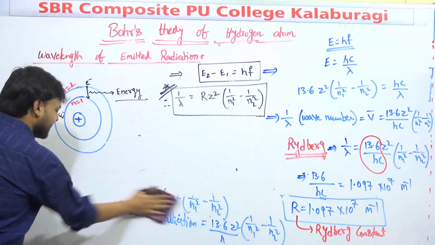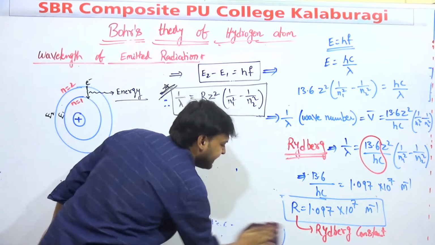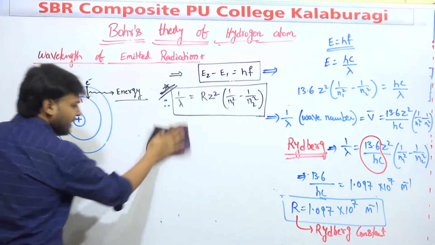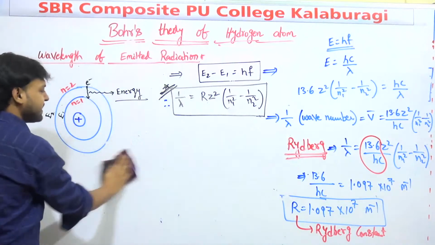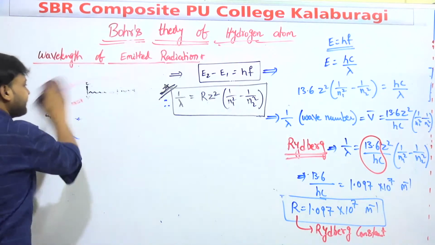So with this equation, that part of the concept is done. Next, we have to know about the spectral lines of the hydrogen atom.